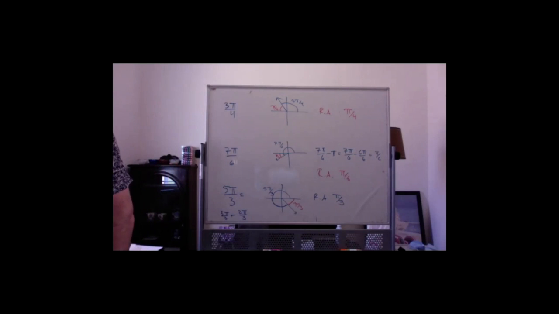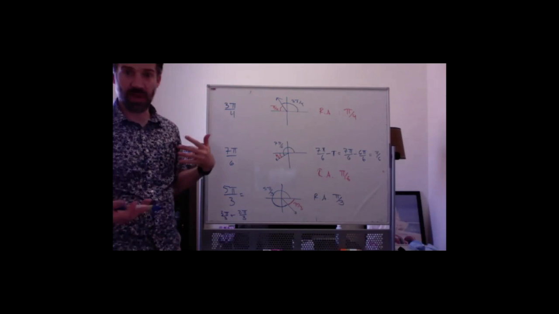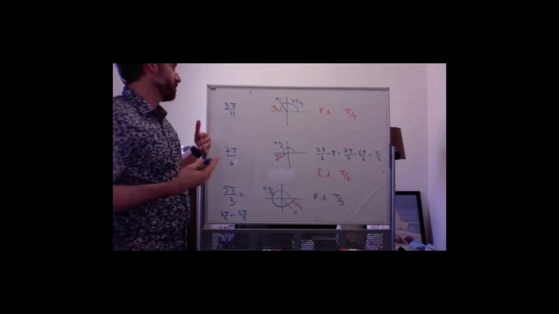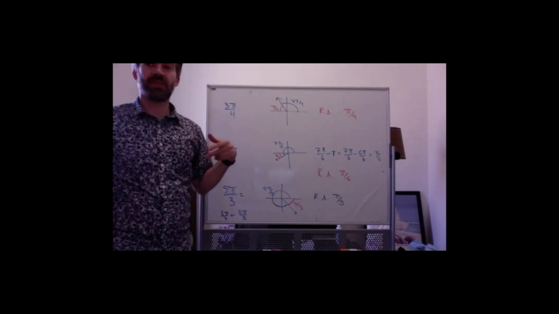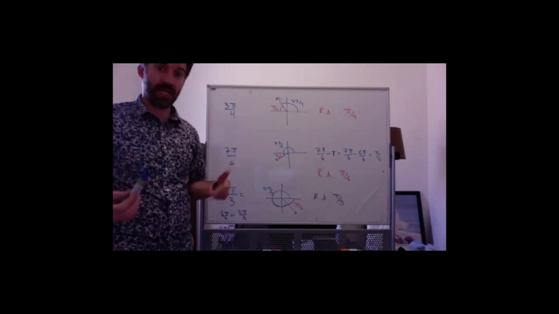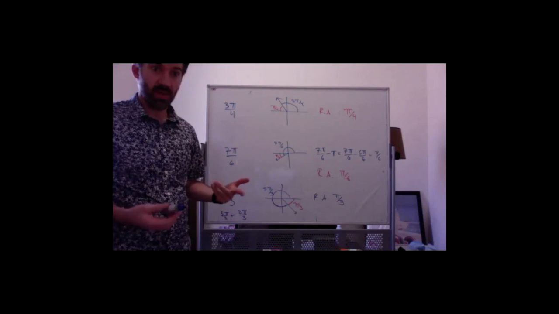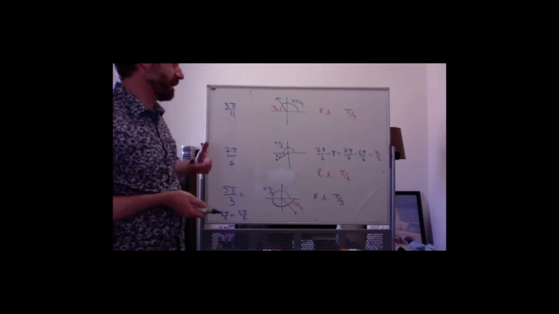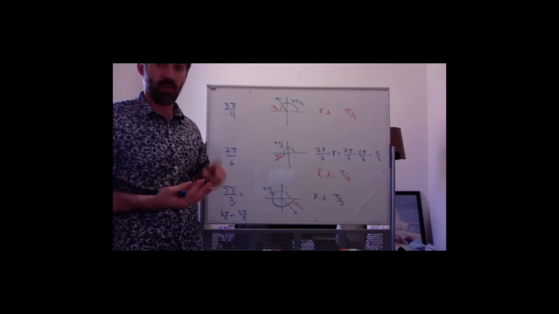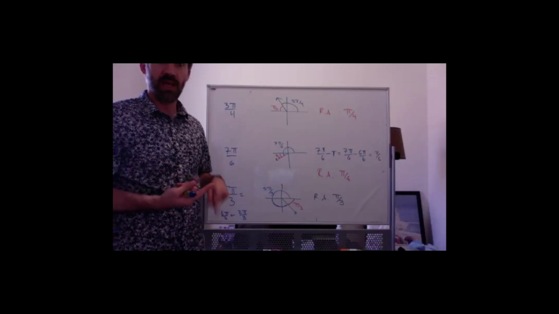But here's what I want you to know. For angles like this, angles that we care about, that have special angles as their reference angles, right? Each of these angles has one of our special angles, pi over 4, pi over 3, or pi over 6, as a reference angle.